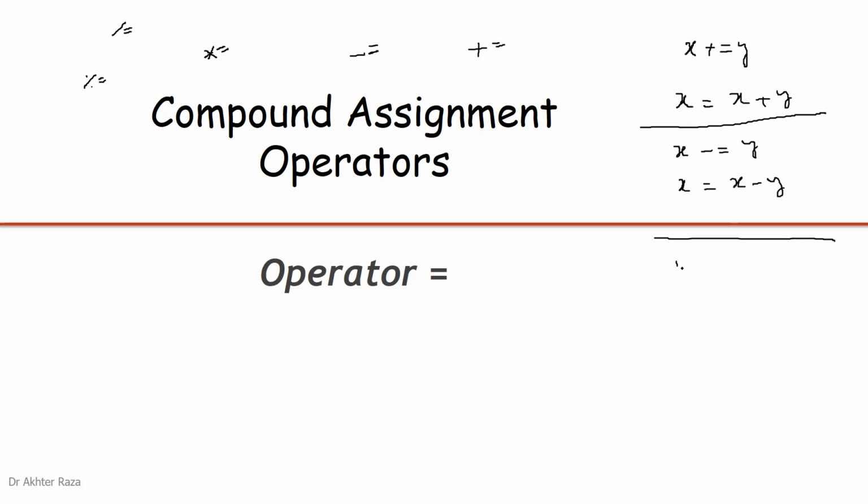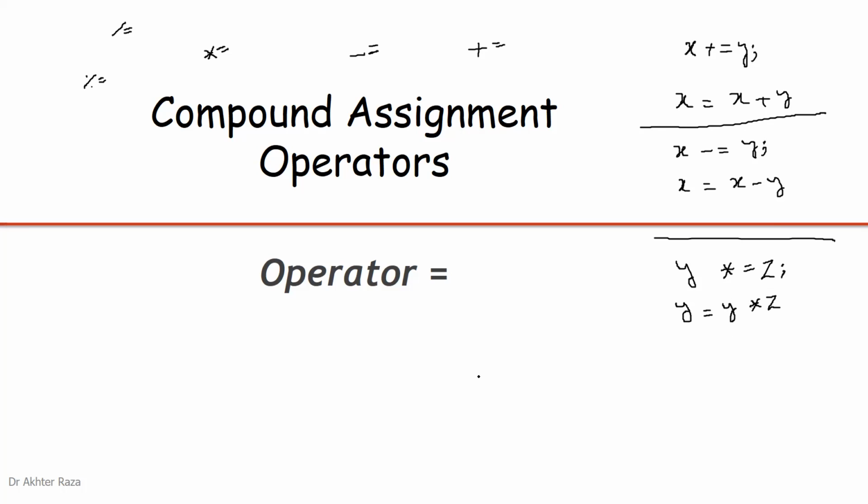If we are writing y multiply equal z, it is equal to y is equal to y multiplied by z. The value of y will be multiplied by z and the new value will be stored in y. And you must write the semicolon after each statement. This is necessary.